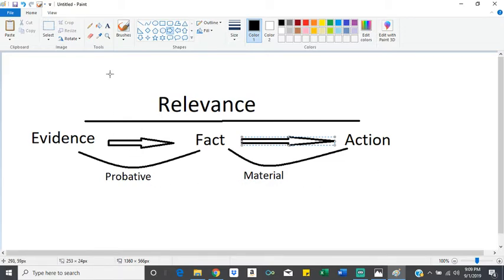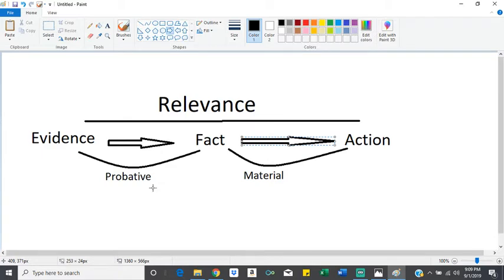And again, this is something that the trial judge will make a determination on, whether it's relevant or not, and then it's up to the jury to decide the value they place on that evidence. Some things are very low on the probative scale, and other things are very high.